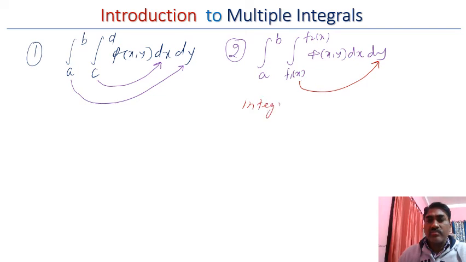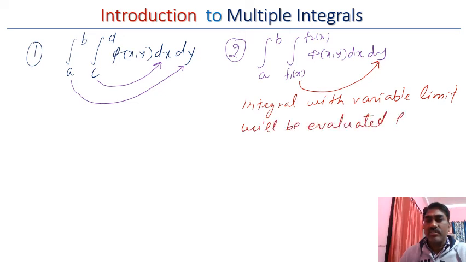Integral with variable limit will be evaluated first. Means first we will perform integration with respect to y, and then with respect to x. So once we have defined the limit for y, automatically the remaining limit is for x.